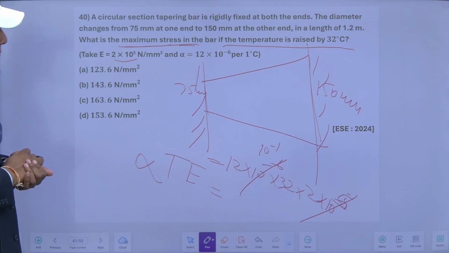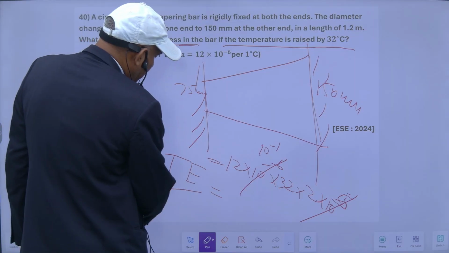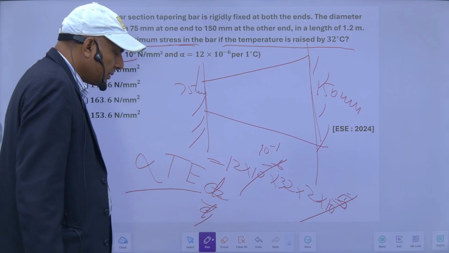Oh no. No. This will be alpha T E into D2 upon D1. This is the right answer.